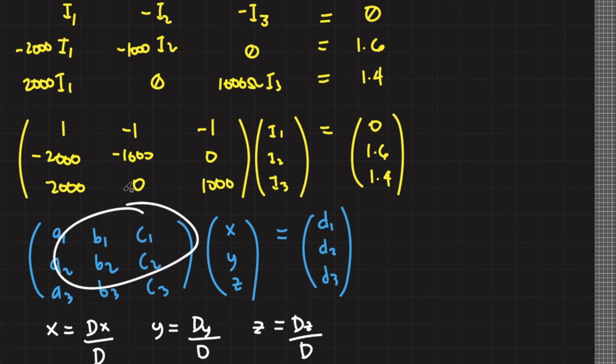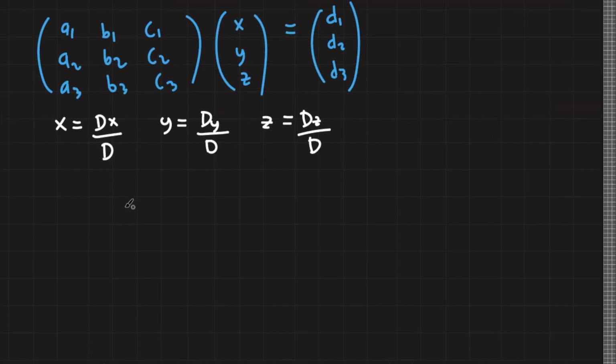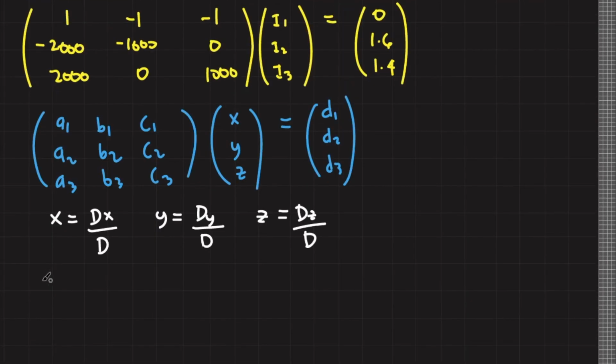of this entire matrix. So first, let's calculate d, or the determinant of this matrix. So again, d is the determinant of this matrix. I'll write down 1, negative 1.